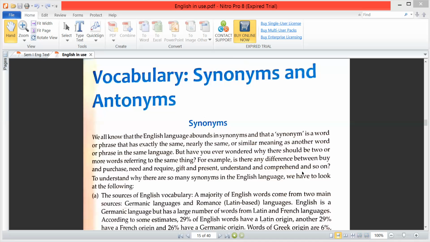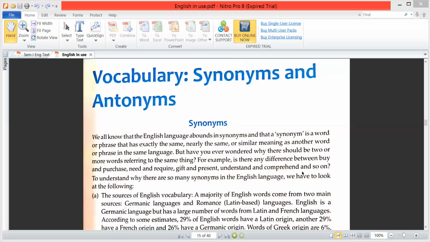We can hardly find three or four at the most, which would be the synonyms, or what we call Paryayvachi Shabd in Hindi, right? So let us see what would be the reason behind why there are so many synonyms in the English language.